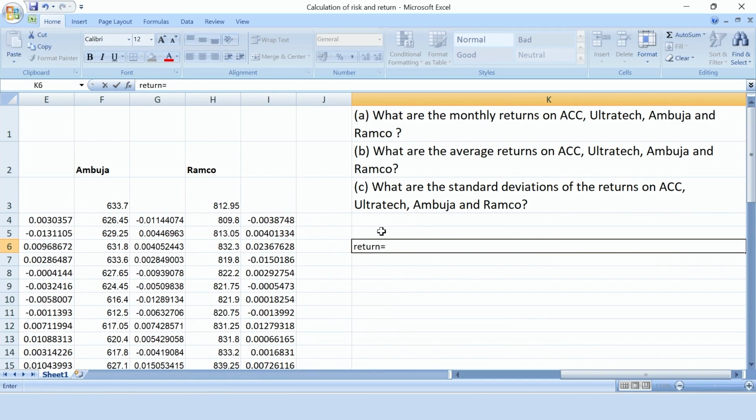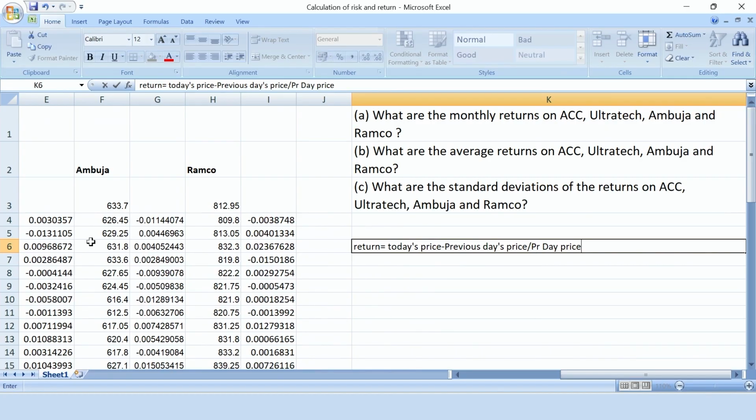Return equals today's price minus previous day's price, whole divided by previous day's price.